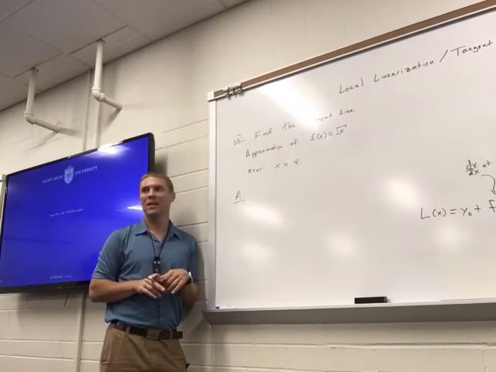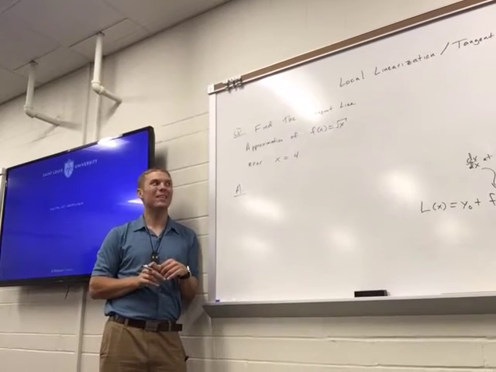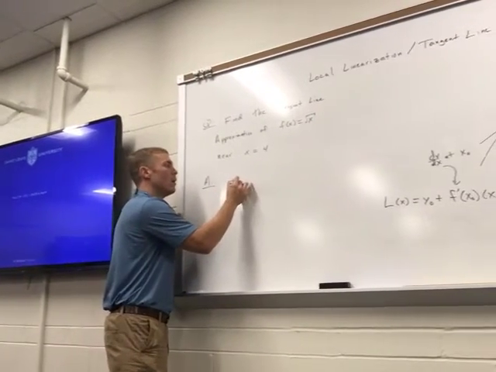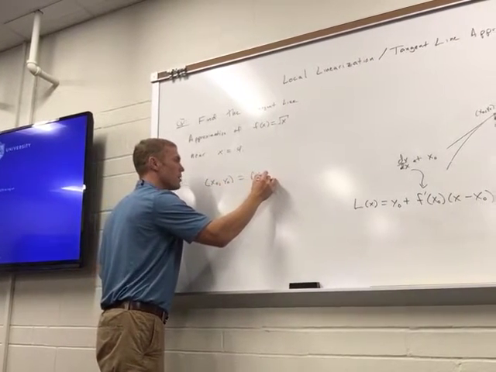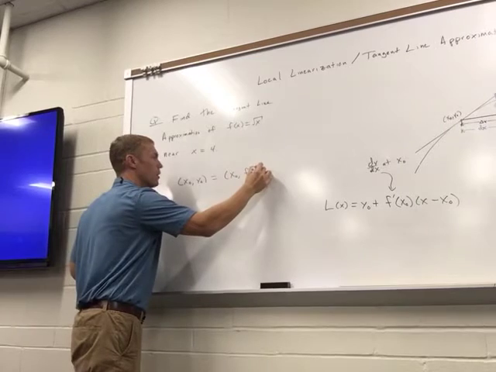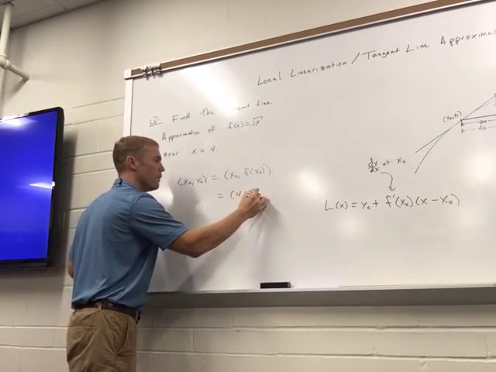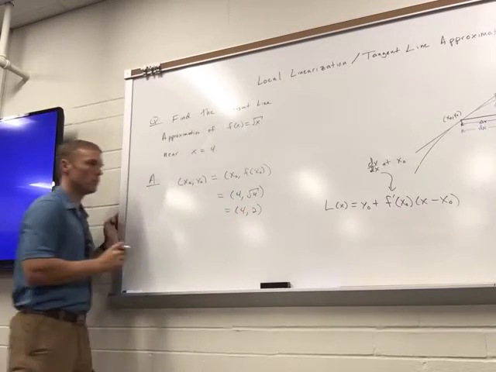So 4 is a very nice point for the square root function. And the key idea is that we want x naught, y naught to be a good point. X naught, y naught, or equivalently x naught comma f of x naught, in this example is 4 comma square root of 4, or 4 comma 2.